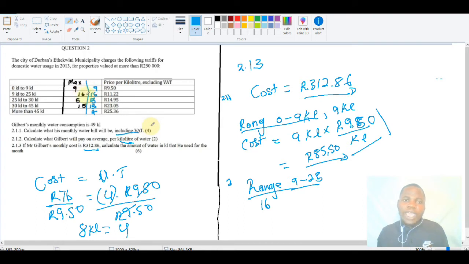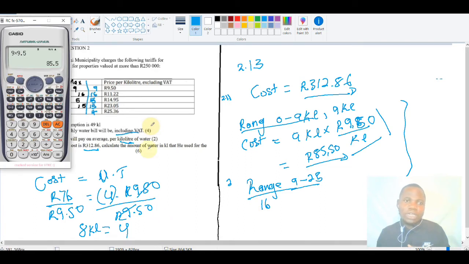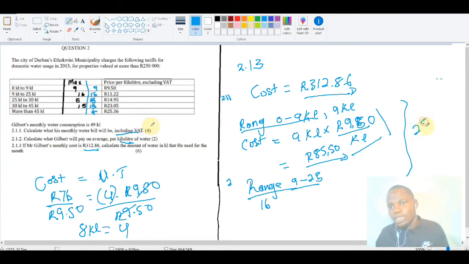So we add the maximum here plus that one. What is 16 plus 9? So that means we have accounted for how many kiloliters of water? 9 plus 16. So here, that means if we use 25 kiloliters of water.